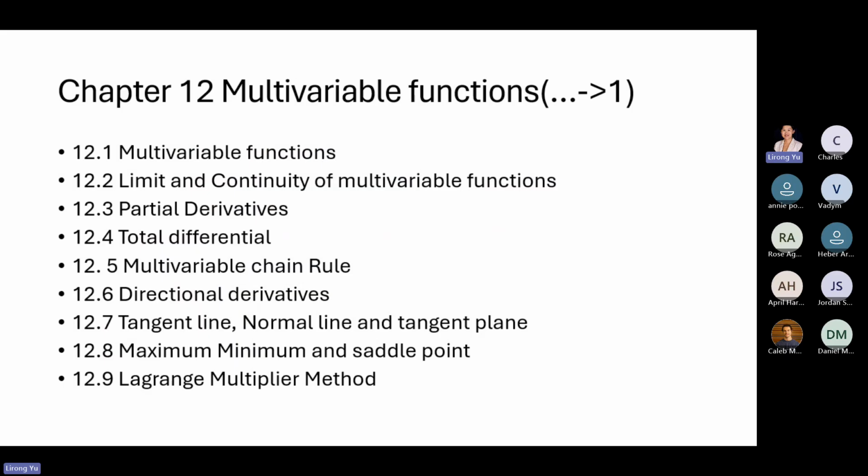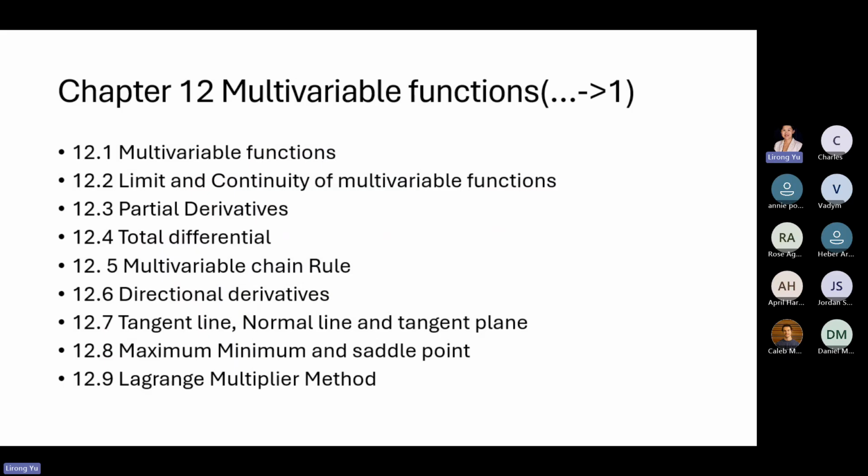And in the next section, 12.6, we talk about the gradient, which is also a term that relates all the partial derivatives together. 12.5 is the multivariable chain rule. It's useful for finding derivatives when you have a compositional function in your multivariable function. 12.6 is the directional derivative. Yesterday we practiced directional derivatives, so we're probably going to skip that today.